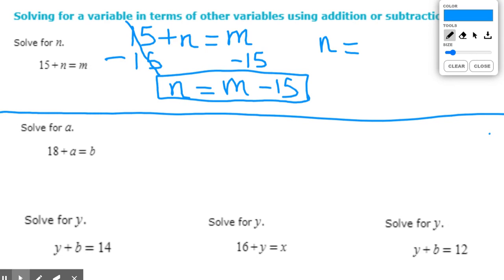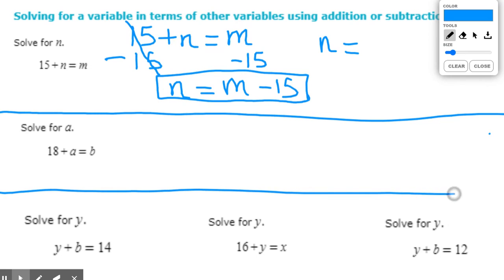All right, next we're going to try this with solving for a. So we're told 18 plus a is equal to b. And we are not done until we have a equals.